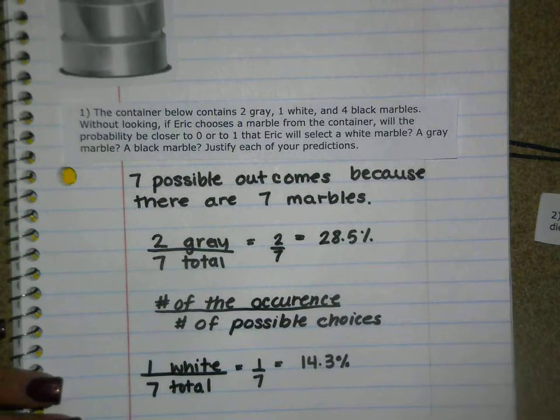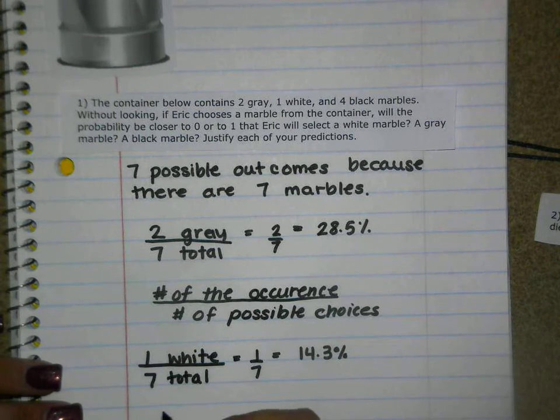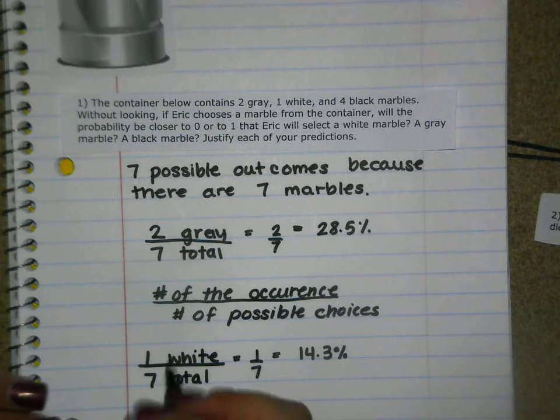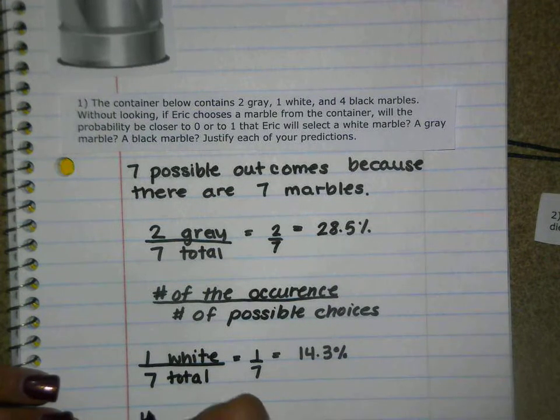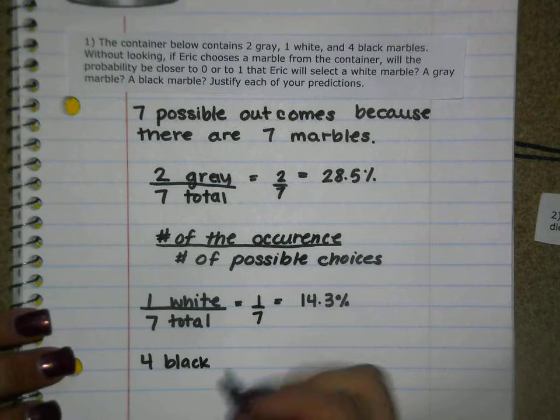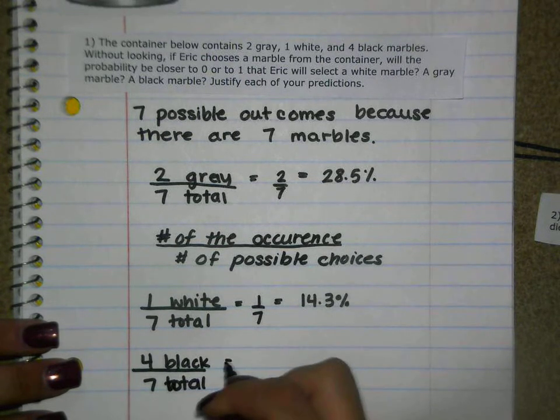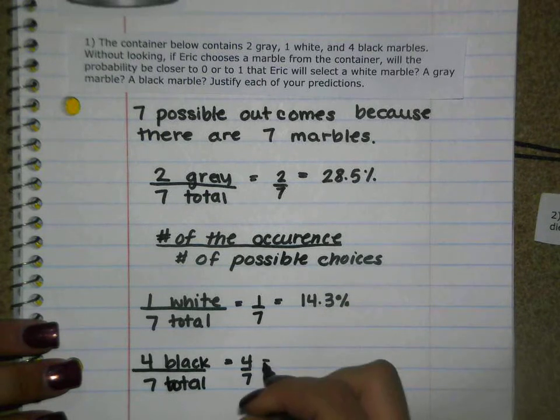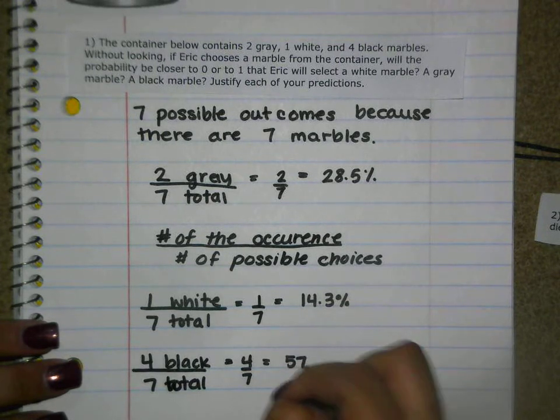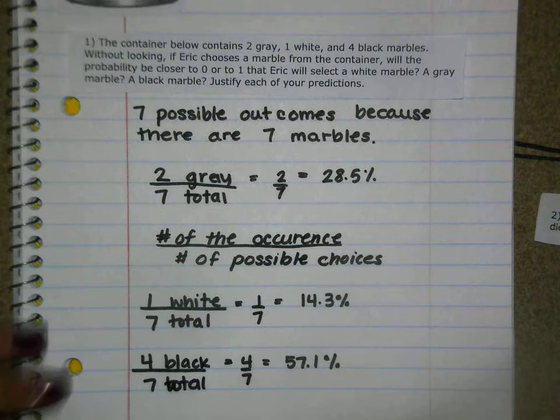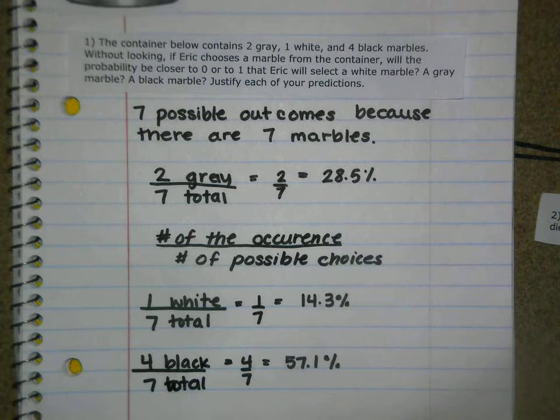And what about the next one, which was the black marbles? We have 4 black marbles over the total of 7 marbles, which is equal to 4 over 7, and when we turn that into a percentage, we have 57.1%.